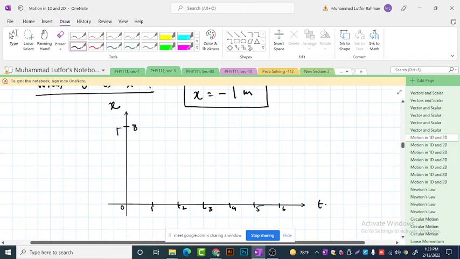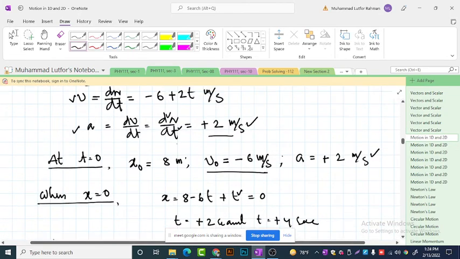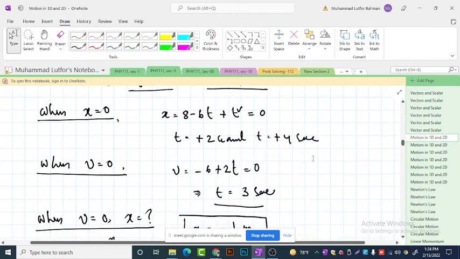At t equal to 0 seconds, your position is 8 meters, your velocity is minus 6, and acceleration is plus 2 meter per second square.